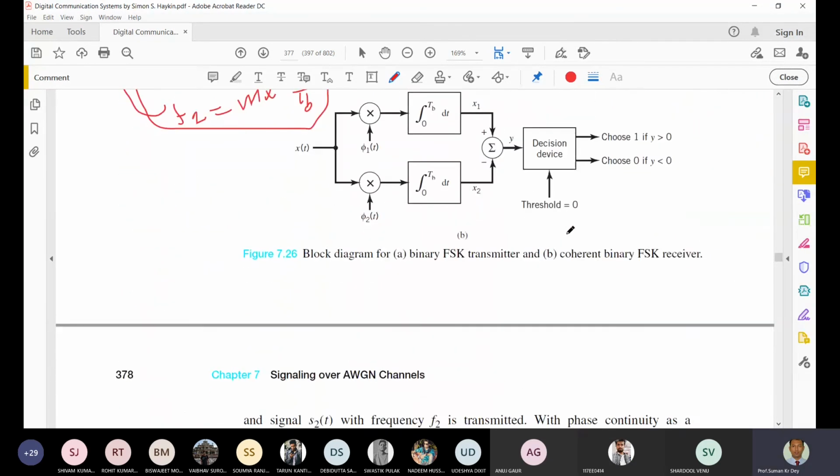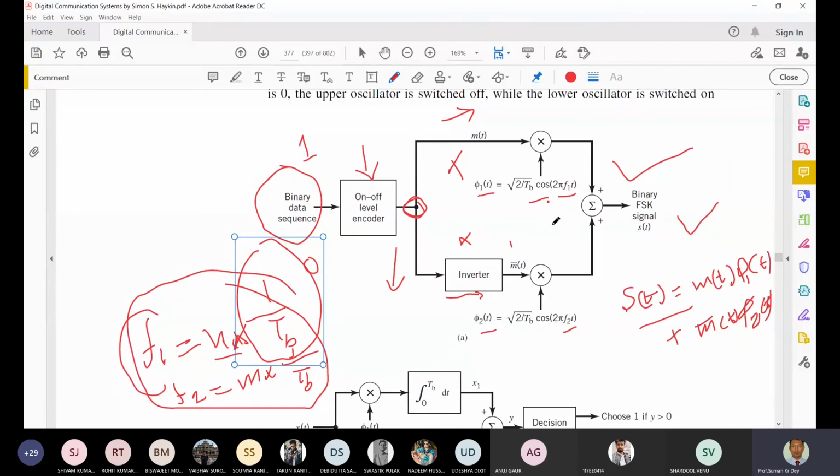So the question may be asked like this: suppose we don't have any synchronization between F1 and F2, how do we achieve phase continuity in FSK?